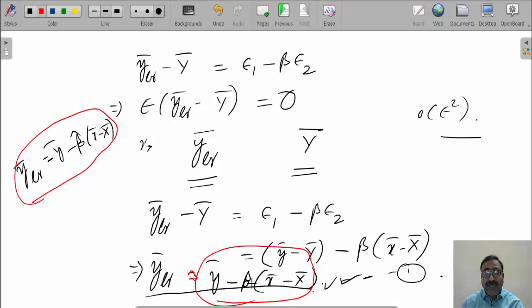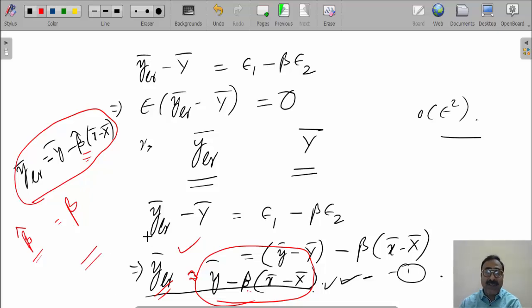We have seen that if we use beta in place of beta cap here, the linear regression estimator is unbiased. The sample regression coefficient beta cap equal to the population regression coefficient beta of y and x, we have the linear regression estimator YLR bar is an unbiased estimator of the y bar.